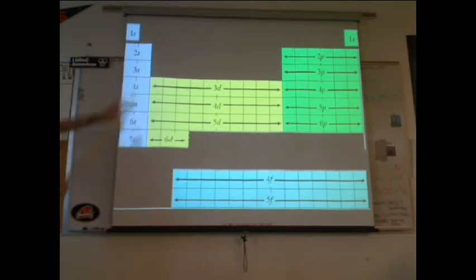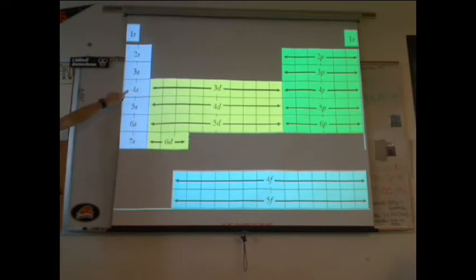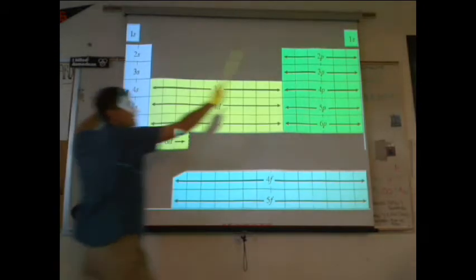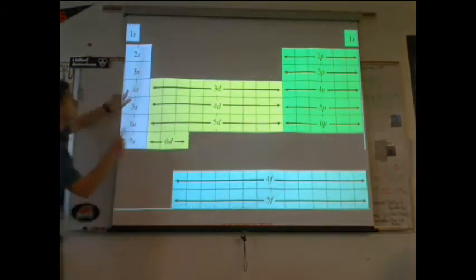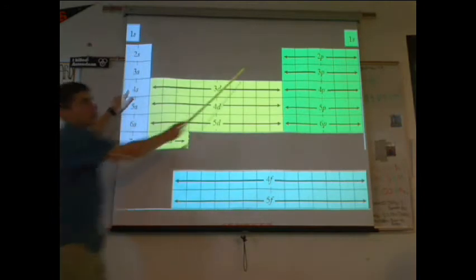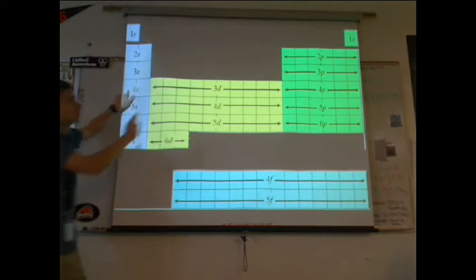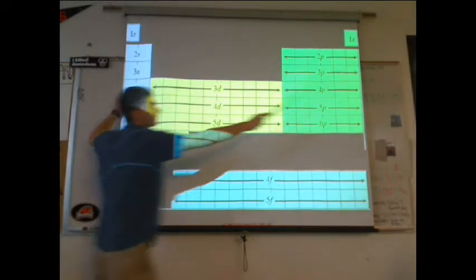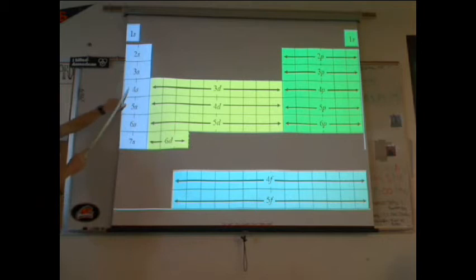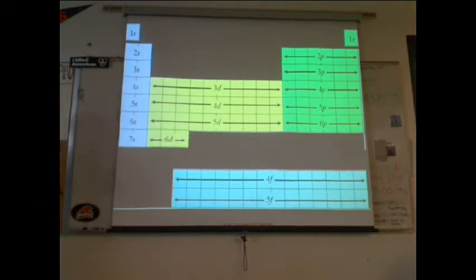So, if potassium is right here, you're going to have 1s2, 2s2, 2p6, 3s2, 3p6, 4s1, because it's in the first of the s. So all you're doing is just listing off all the electrons that are in it. I know it's kind of confusing.